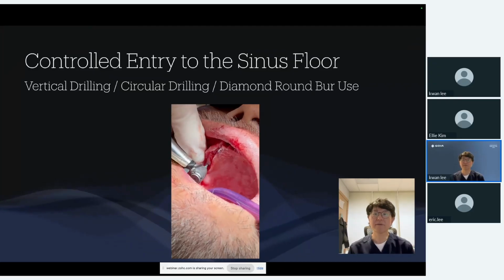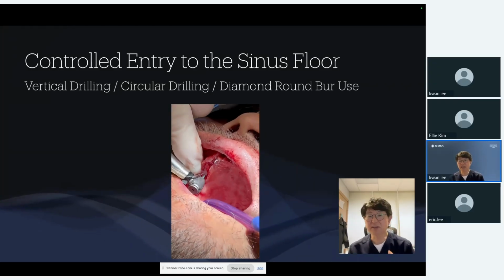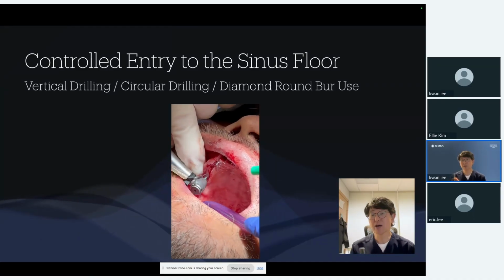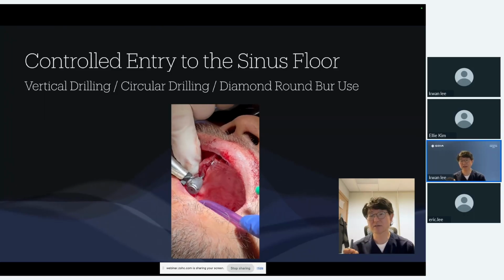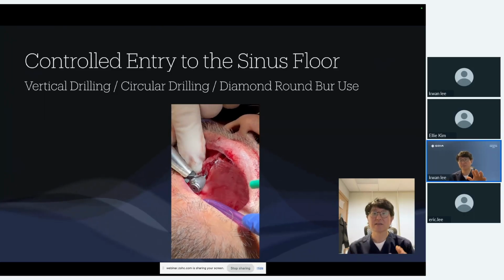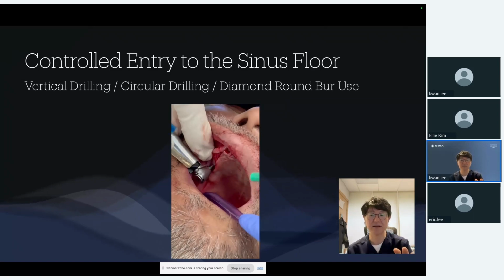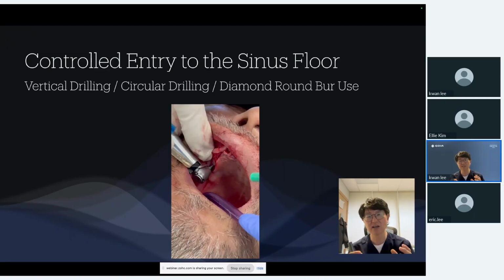What breaks the case is entering the sinus, when you are using the instrument to access it. There's a way for me to teach you how to access the crestal sinus very safely, without perforating the sinus floor. So there are some drilling methods that we're going to go over.